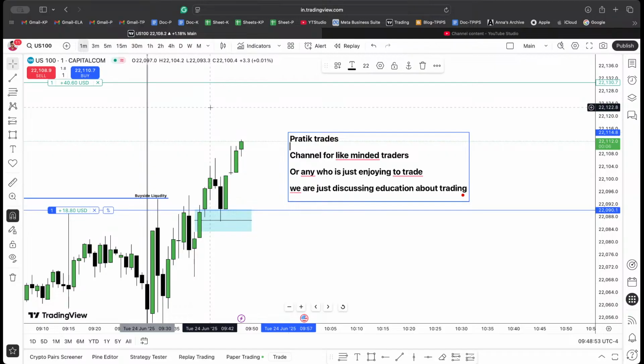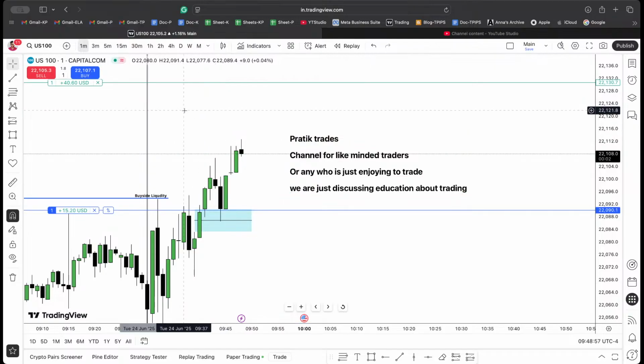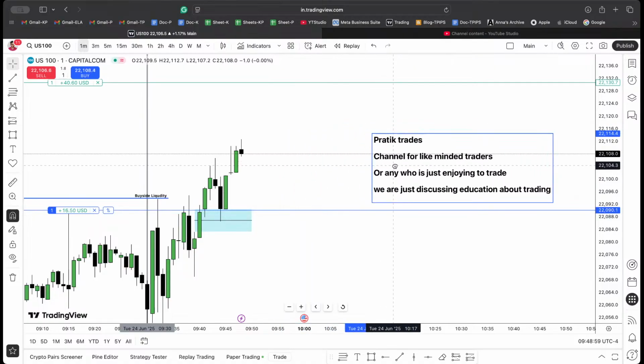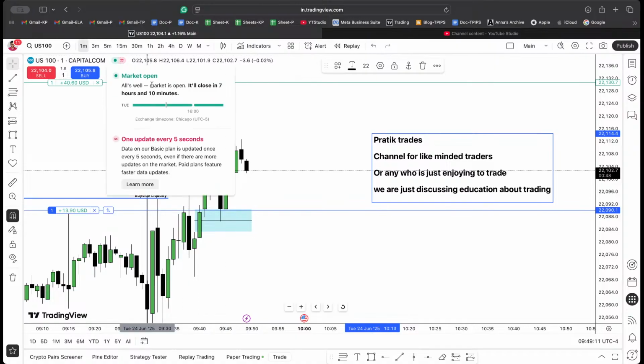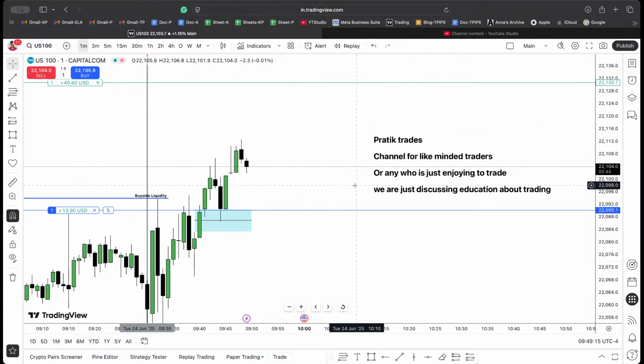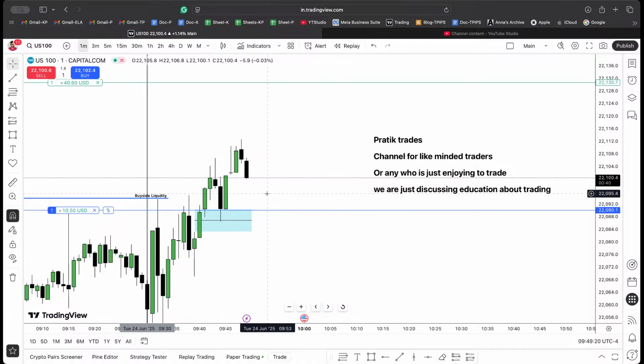Yes, we are just a few dollars short of reaching the target. By the way, I don't have the premium services, that's why we are getting a delay of 5 seconds. So the price moves every 5 seconds.